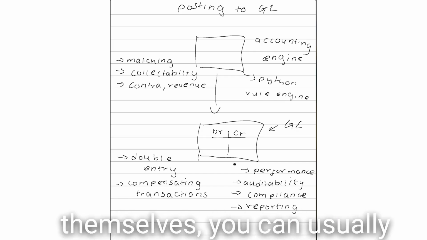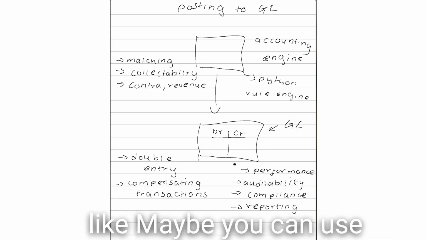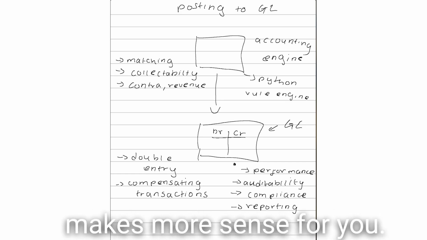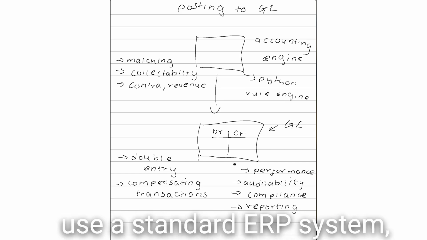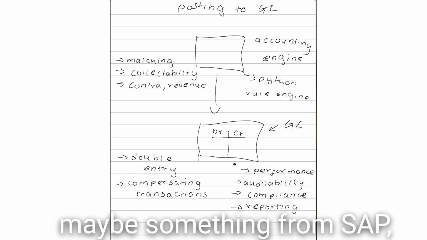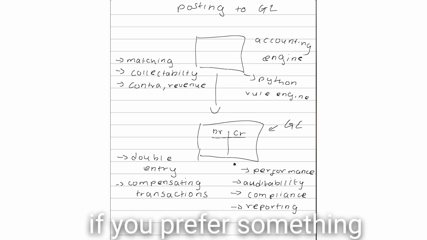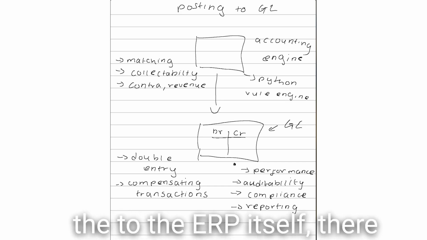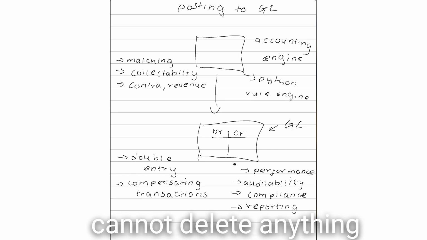So in terms of the rules themselves, you can usually write them using something like, maybe you can use Python or some other kind of rule engine that makes more sense for you. The GL itself, it's just better to use a standard ERP system, maybe something from SAP, Oracle, or even ERPNext if you prefer something that is open source. So when you get to the ERP itself, there are certain things that come into play. For example, you just cannot delete anything from the GL.